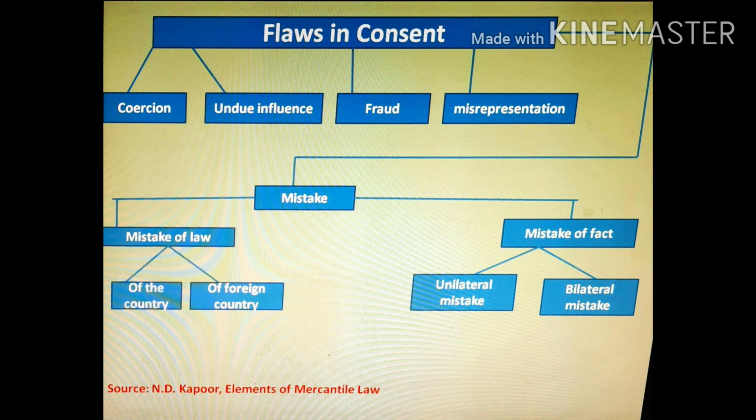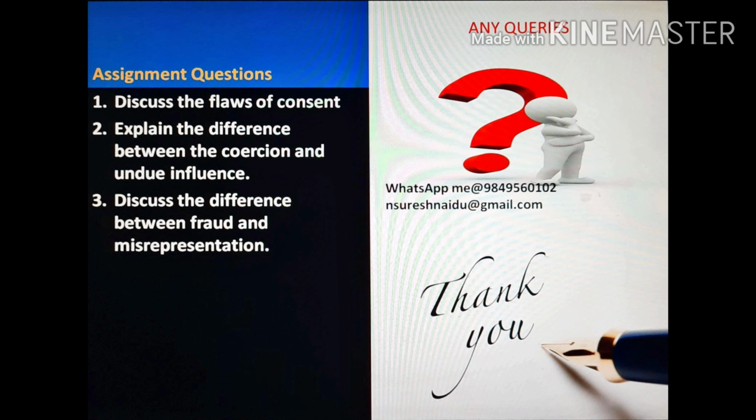Now let us take assignments. So please attempt these 3 assignments. 1. Discuss the flaws of consent. You need to write all the flaws of consent, that is coercion, undue influence, fraud, misrepresentation, and mistake, along with the chart, please. Second, explain the differences between coercion and undue influence.